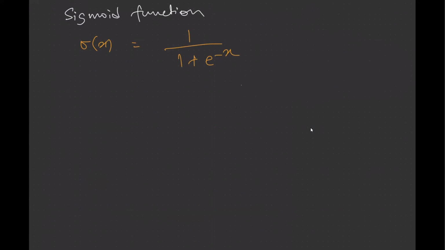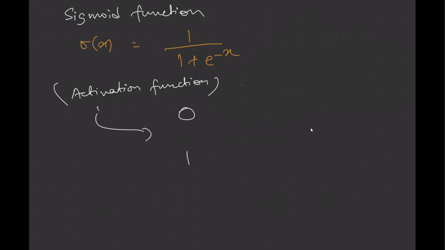Can someone tell me how a sigmoid function looks? It's also called an activation function. Basically, what will it do? It will basically either make it 0 or 1, whatever the number. So let's say if there's numbers between 0 to 1, it will transform it to 0 or it will transform it to 1. Marks deducted.